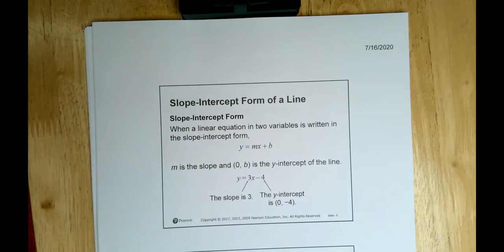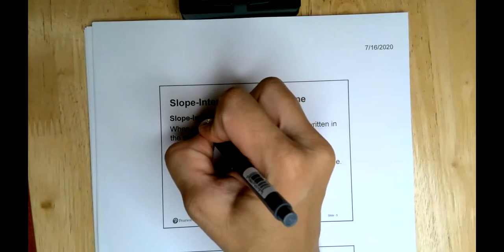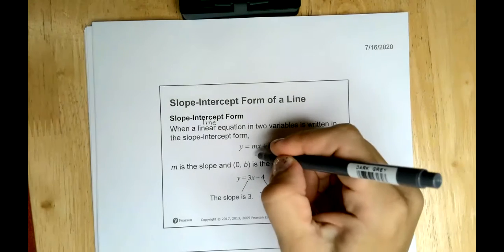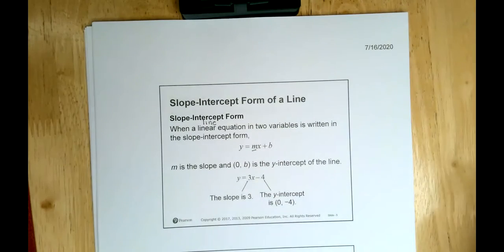And we can write an equation in slope-intercept form of a line. A linear equation, which just means line, right? An equation that makes a line in 2 variables, the 2 variables are x and y, is written in slope-intercept form.